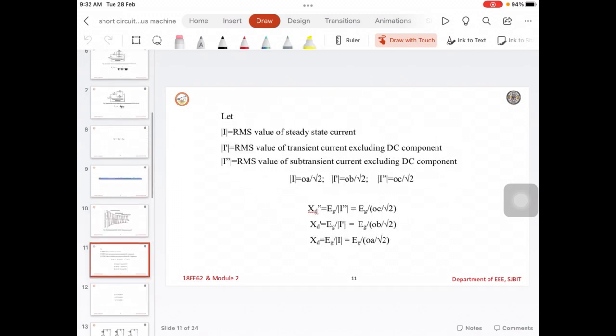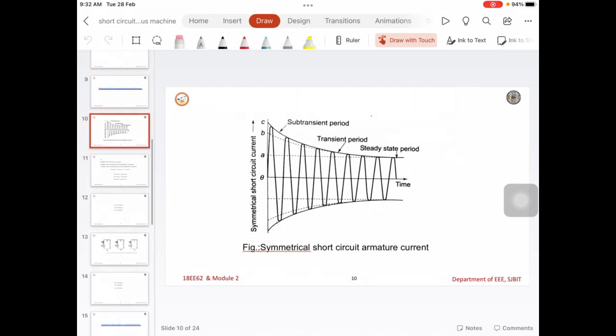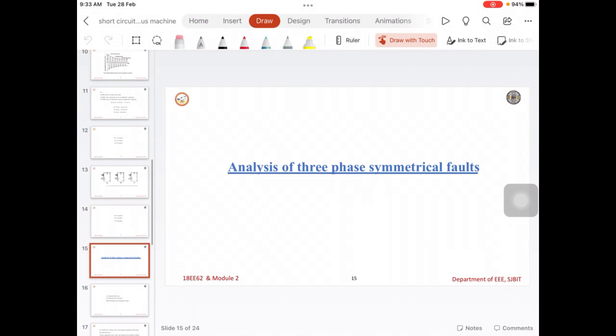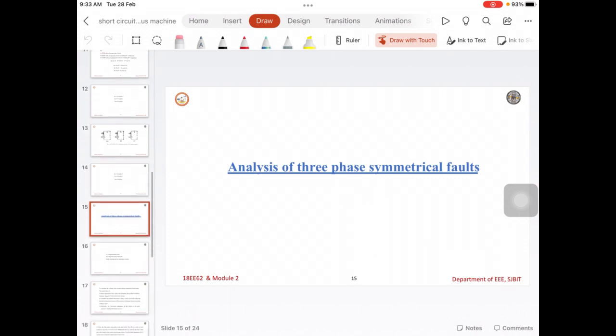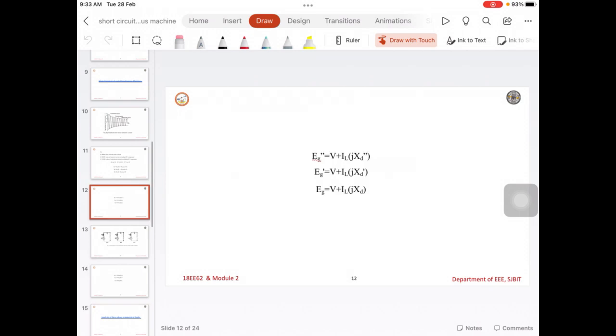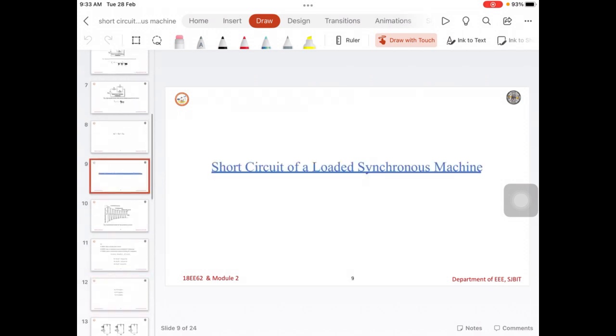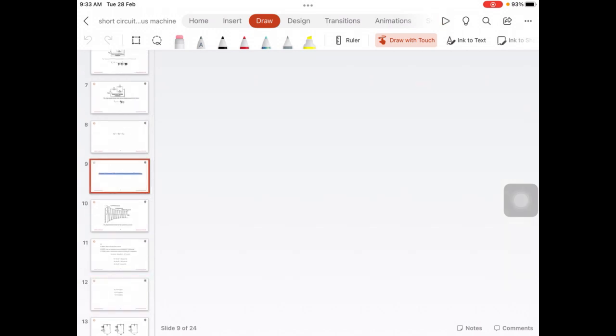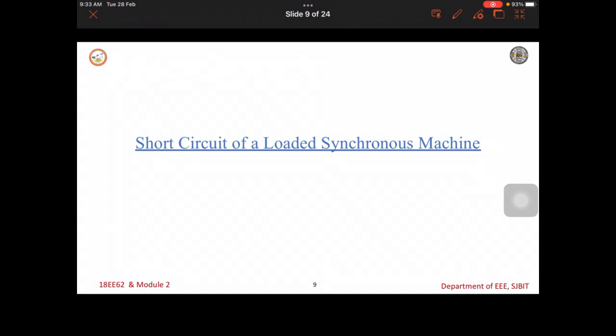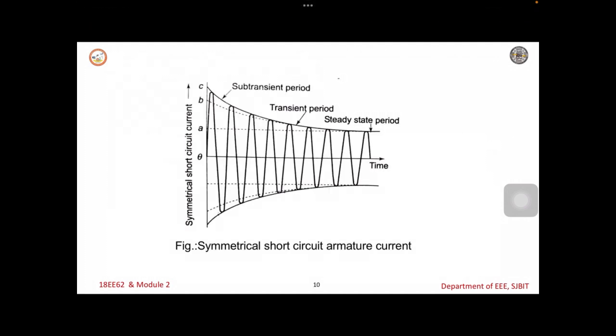Now let us see the short circuit of a loaded synchronous generator.